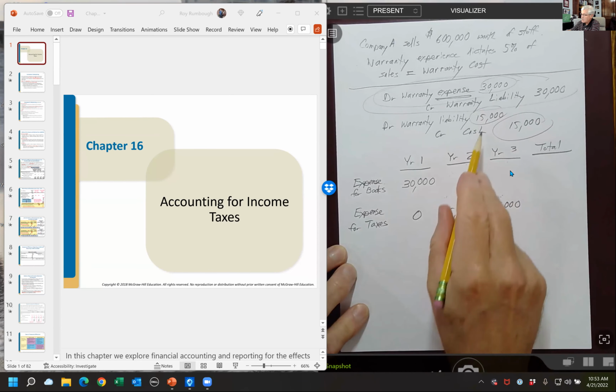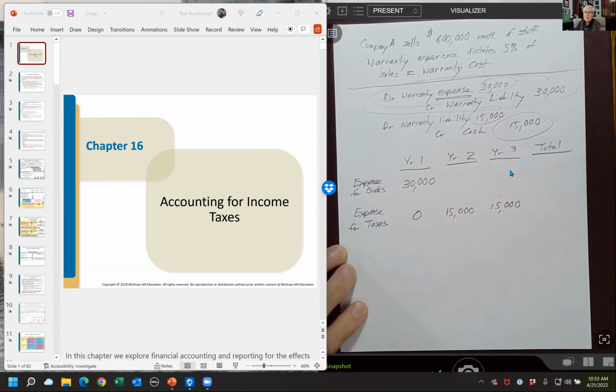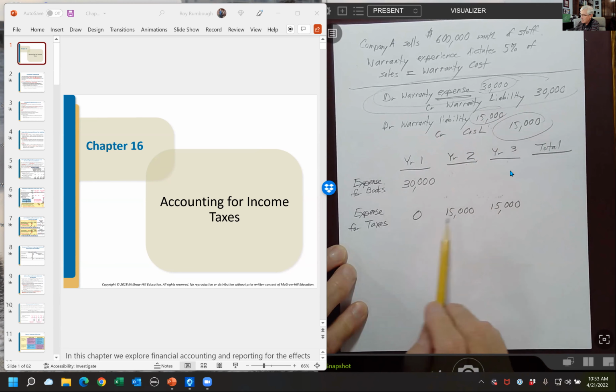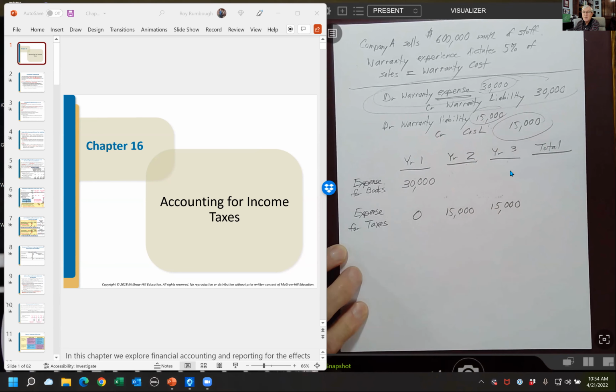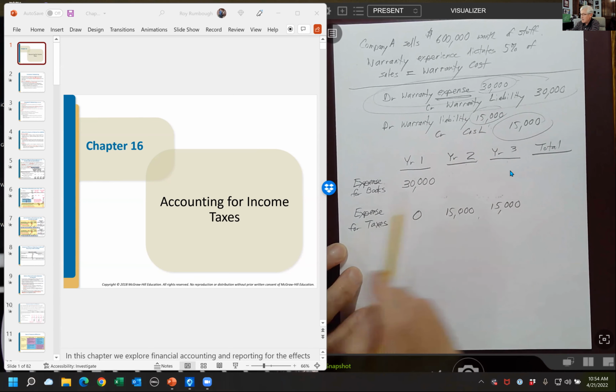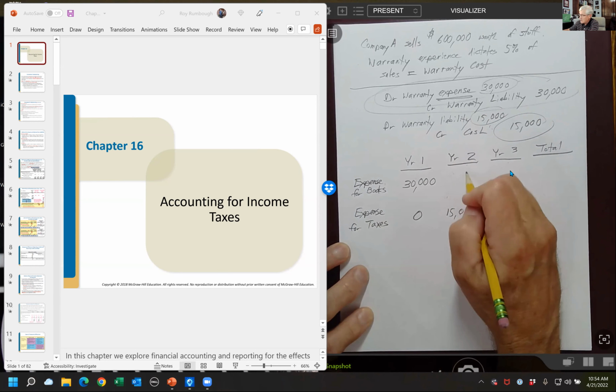So in years 2 and 3, we're going to be debiting the warranty liability and crediting cash in both years on the book side. On the tax return, these will show up as reductions of taxable income as expense on the tax return. It will reduce the amount of taxes we'll have to pay because it's reducing the taxable income if we have zero here.